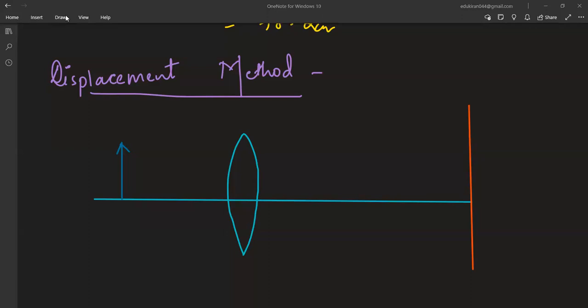Okay, now in displacement method, this is your lens, convex lens.